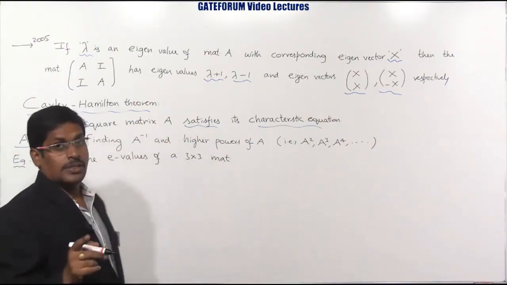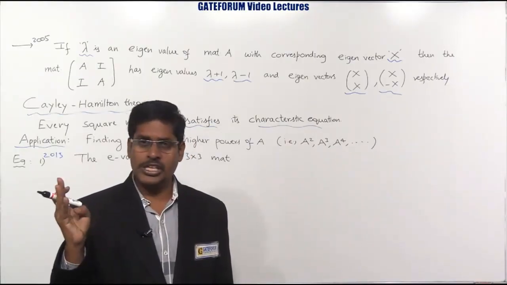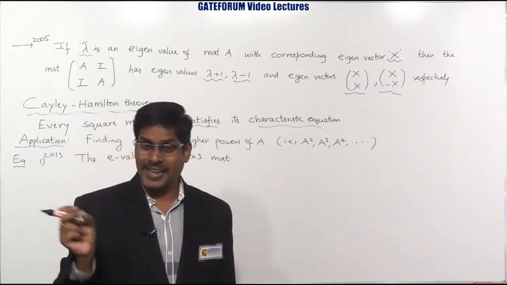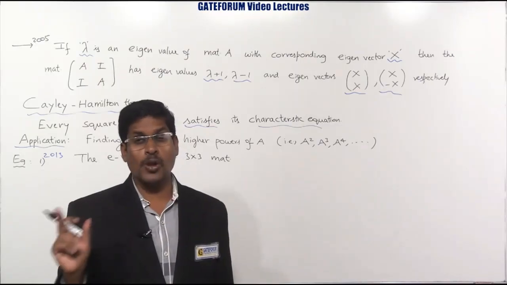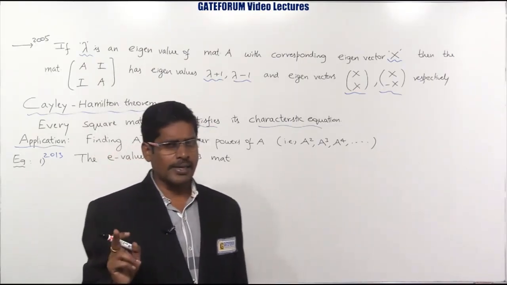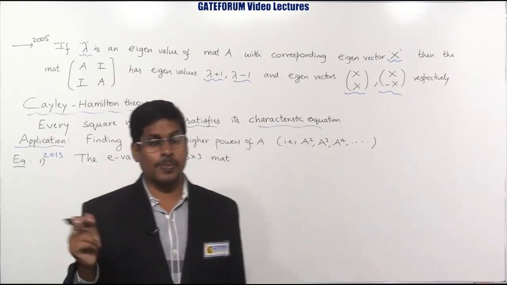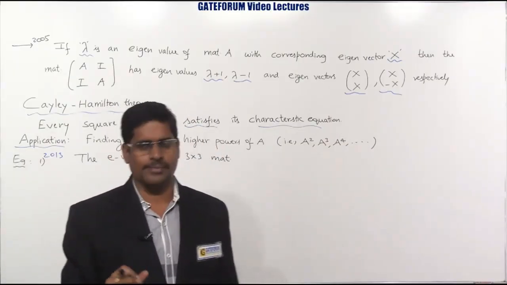Please remember, if A is a 2 by 2 matrix, A inverse, A square, A cube, etc. can be expressed as a first degree polynomial in A, that is a linear polynomial. If A is a 3 by 3 matrix, A inverse, A cube, A power 4, etc. are expressed as a quadratic polynomial in A. That is the meaning.